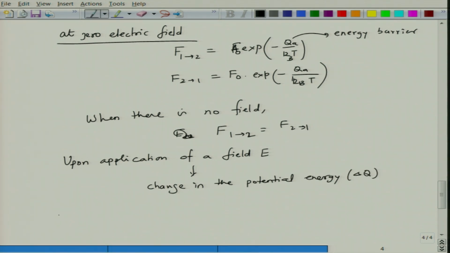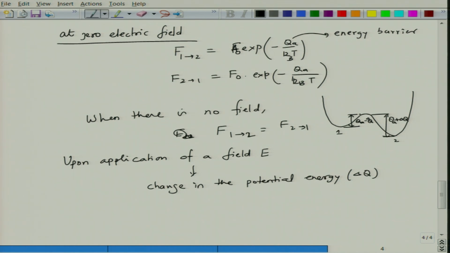What will happen is that the energy barrier on one side will become smaller and on the other side larger. Let us say this is 1, this is 2. On this side you will have a reduction from QA to QA minus delta Q, and on this side an increase from QA to QA plus delta Q.